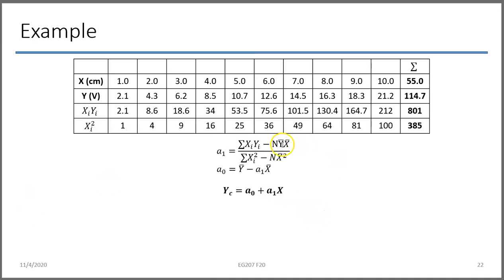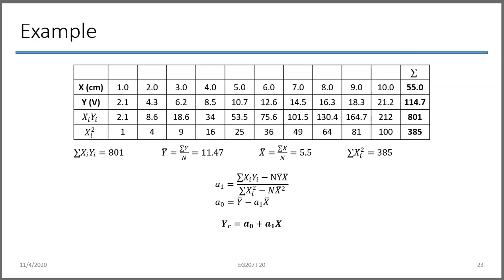And I'm also going to need my average y value and my average x value so I can plug it in over here. And I should note that n is 1, 2, 3, 4, 5, 6, 7, 8, 9, 10, as we would expect since I calibrated at 1 through 10. So when I go through, I see that my 801 is indeed this term.